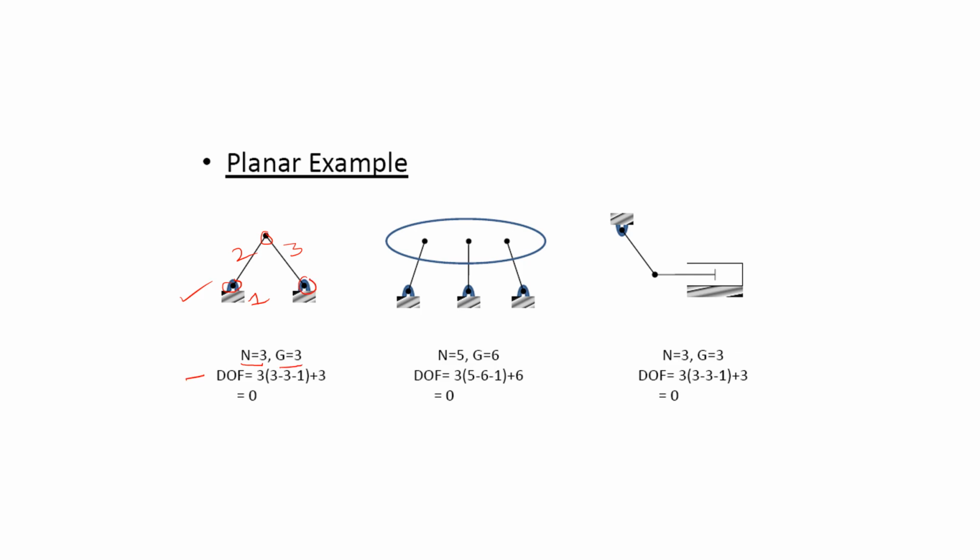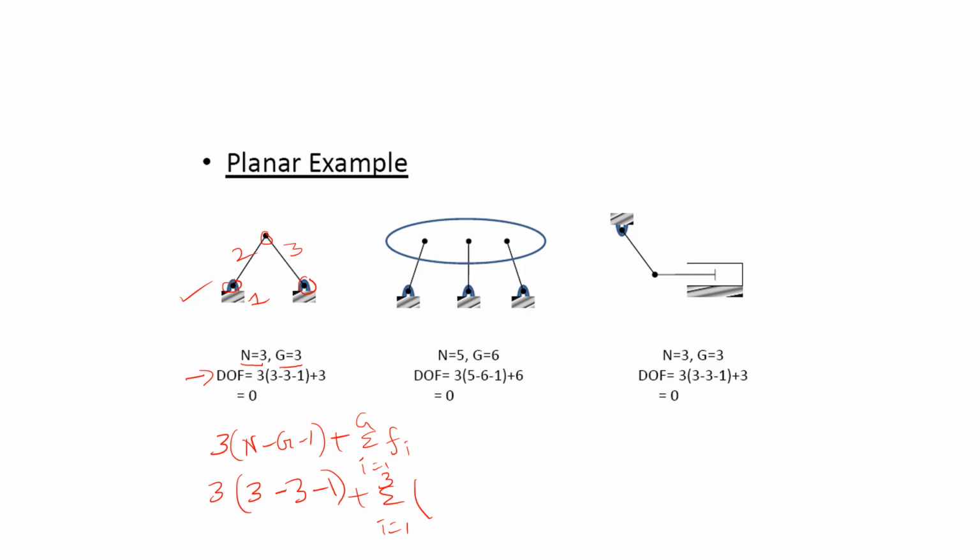So the degrees of freedom would be 3 into (n minus g minus 1) plus the summation of the individual degrees of freedom of each joint, i equal to 1 to g. So it is 3 into (3 minus 3 minus 1) plus summation i equal to 1 to 3 of fi.